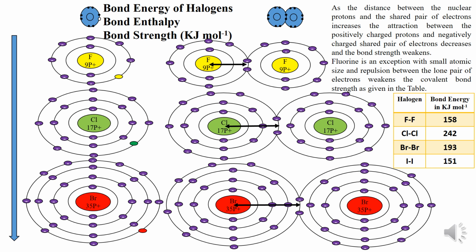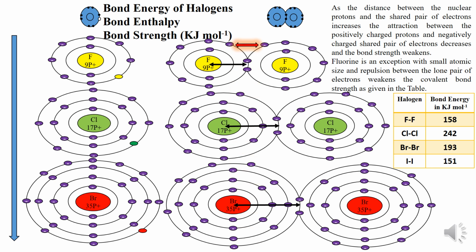The bond energy in case of fluorine is less as compared to chlorine and bromine. So it is contrary to our theoretical concept. Theoretically, the bond energy in case of fluorine should be more, but the experimental outcome is a bond energy value of 158, which is lesser than that of chlorine and bromine.